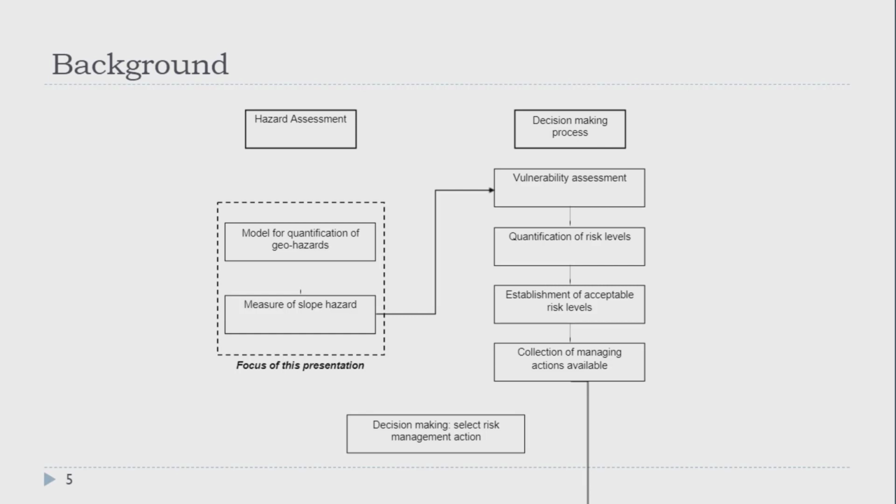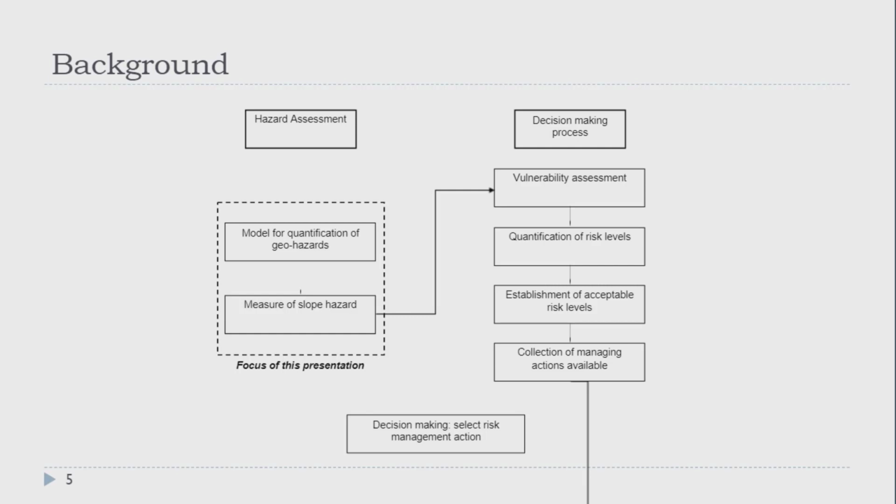On the left-hand side, we need a model for quantifying our geohazard. That's our slope stability model. And we have as an output our measure of slope hazard: reliability index, probability of failure.